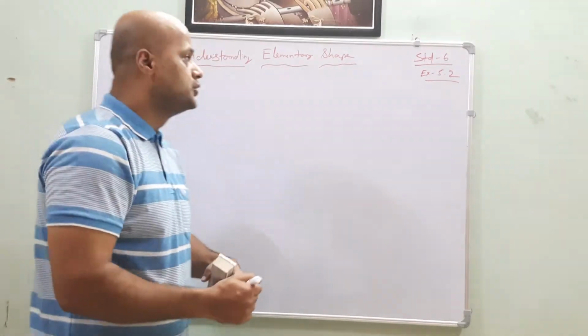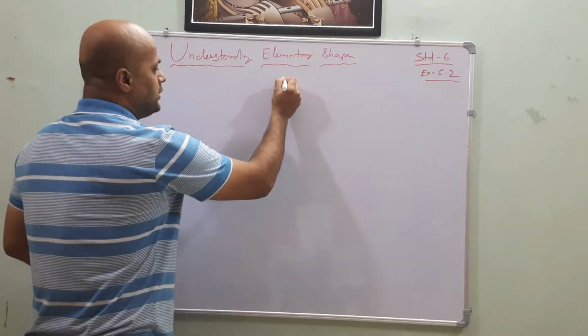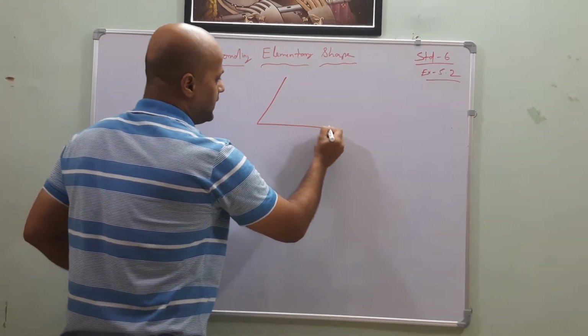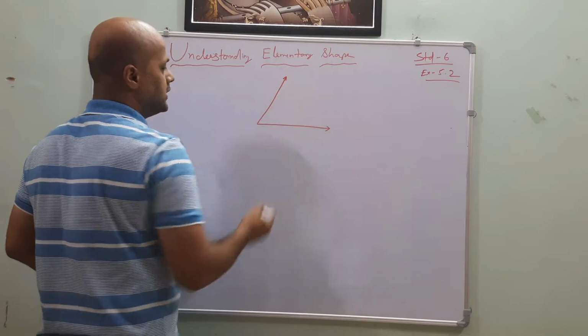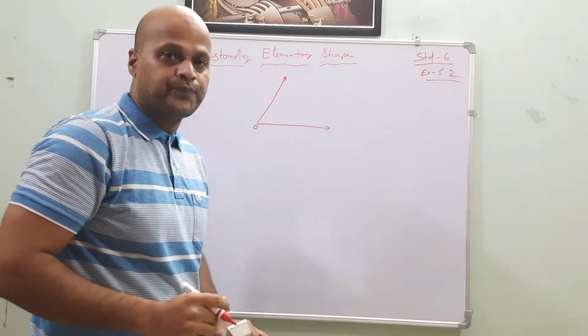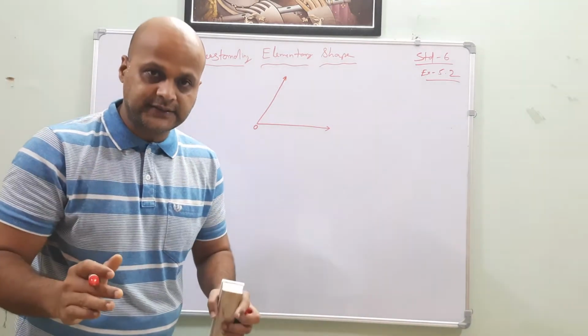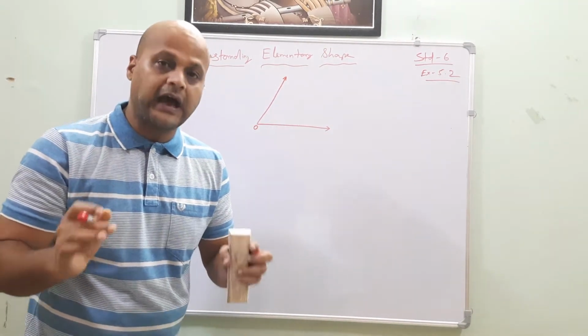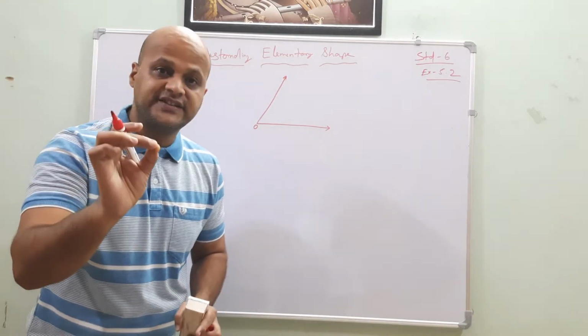Okay my dear friends, what do you mean by angle? An angle is nothing but the joining of two rays or two line segments having a common origin point.